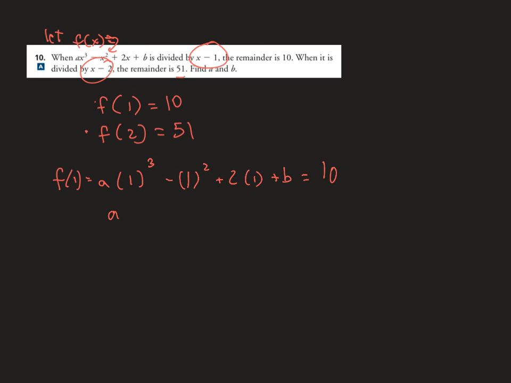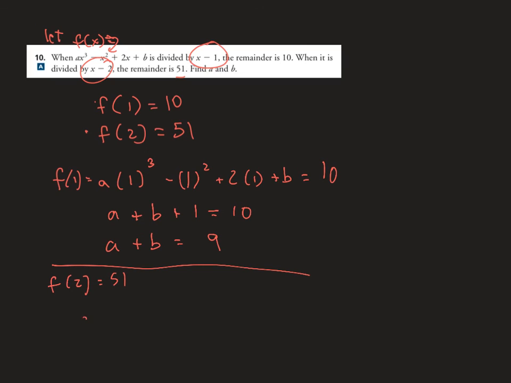Let's clean that up a bit. This is just a minus 1 plus 2 plus b, so a plus 1 plus b is equal to 10. And let's just say a plus b must equal 9. All right, but we also know f of 2. So f of 2 equals 51.